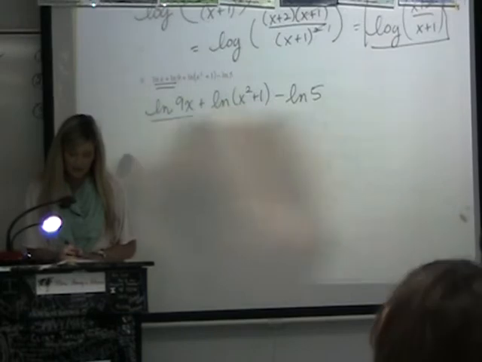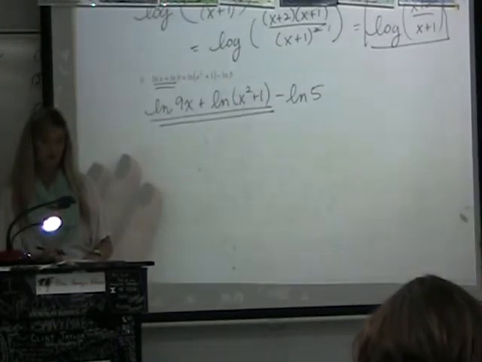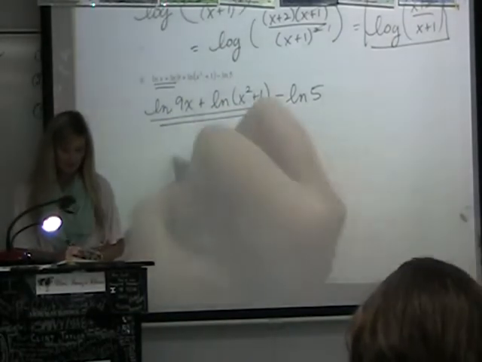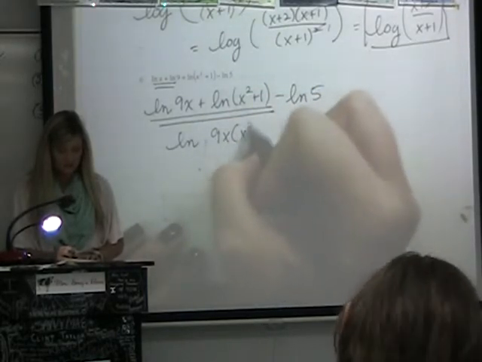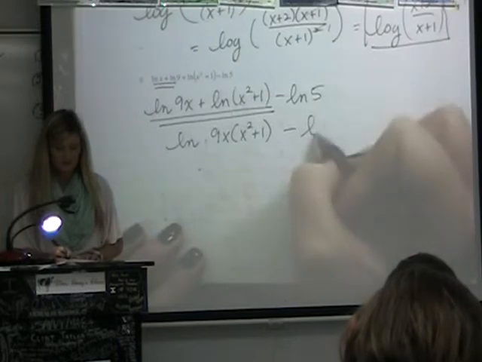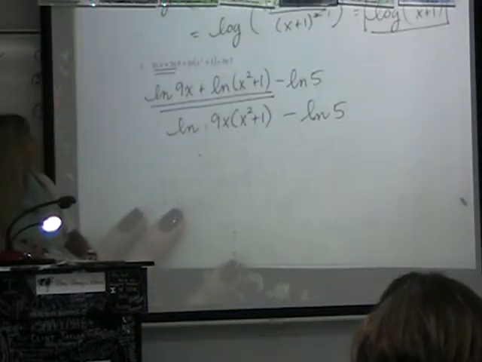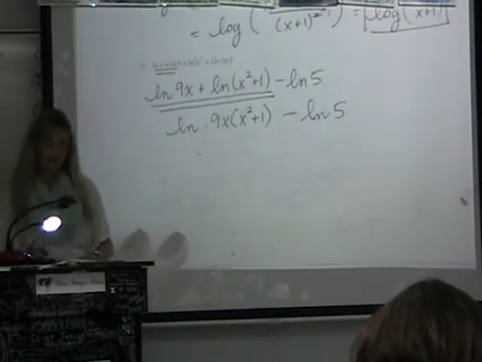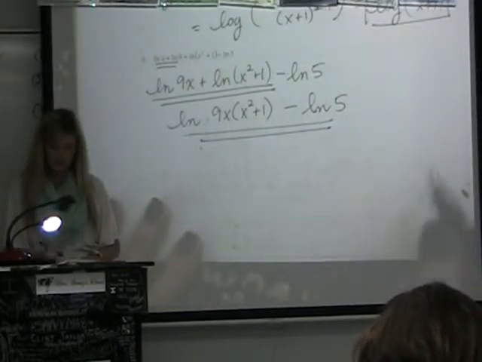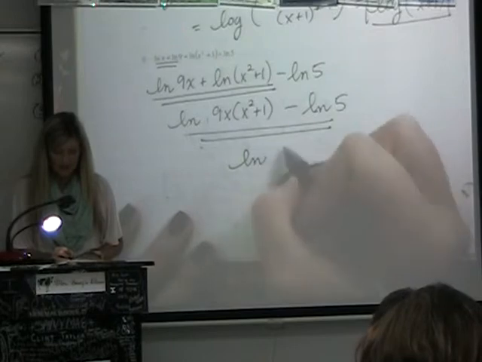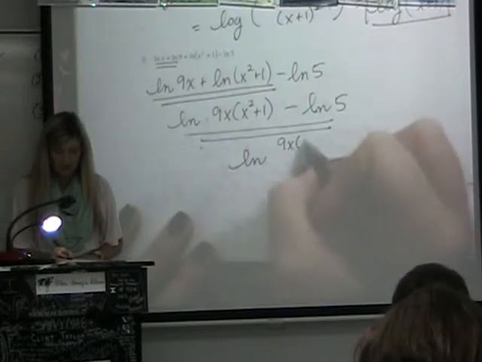Then I'm going to combine these two. Again, I have addition that implies multiplication. And then finally, my last two are subtraction, and I combine those to be division.